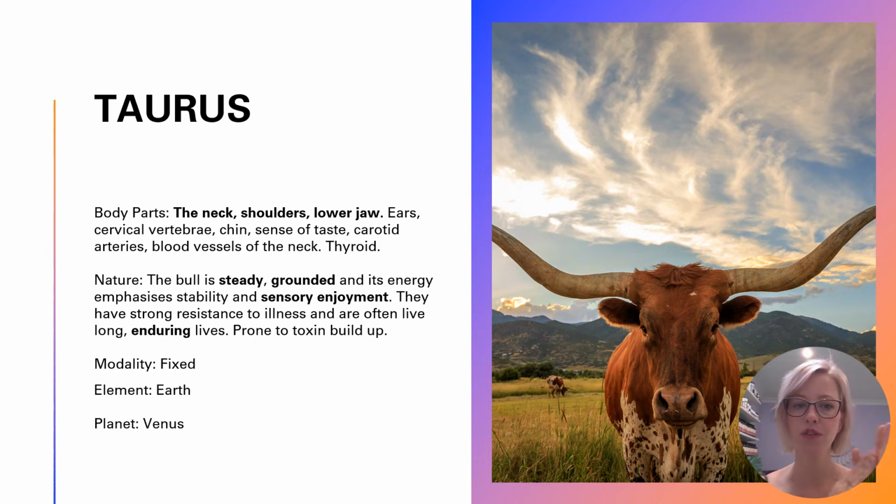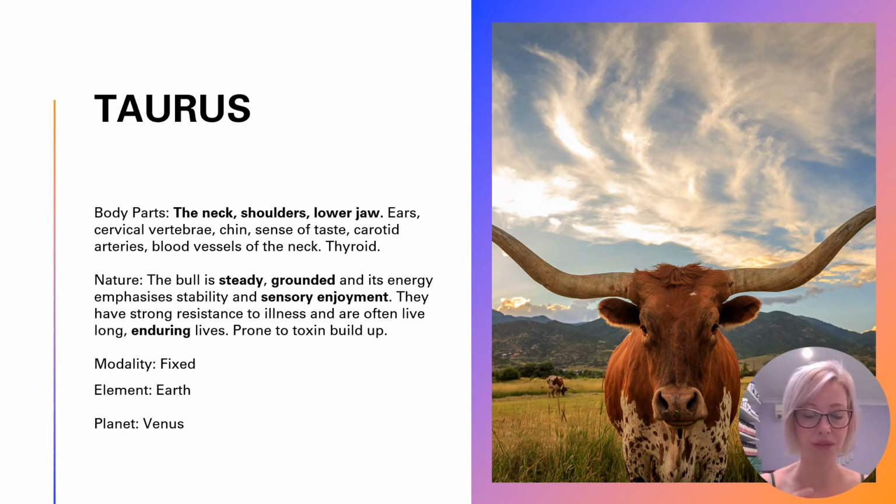So even though Taurus is this steady, grounded earth sign, that Venusian influence, because Venus is its ruler, means that Taurians, and I see this over and over again, not all of them, but most of them, love rich, decadent, delicious food.